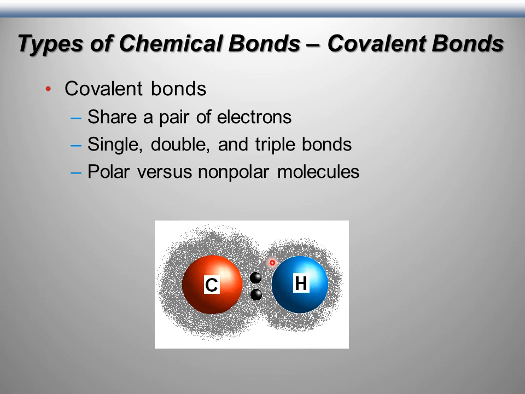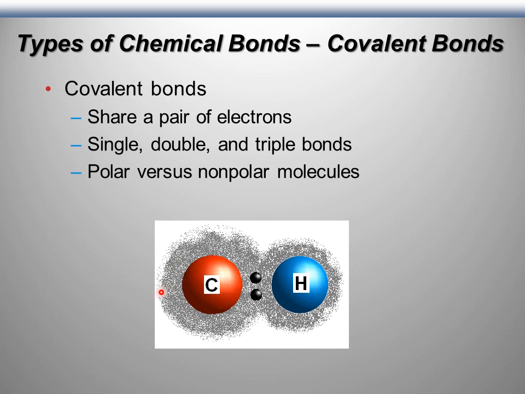Covalent bonds are where atoms share a pair of electrons, and they don't share it evenly all the time. If it was 2 carbons here, the carbons would have the same affinity for those electrons, and so those electrons would be evenly distributed across both atoms. However, carbon has what's called greater electronegativity than, in this case, hydrogen.